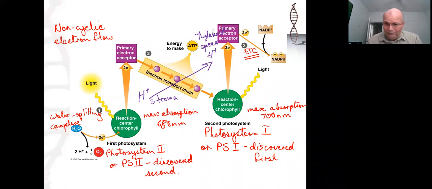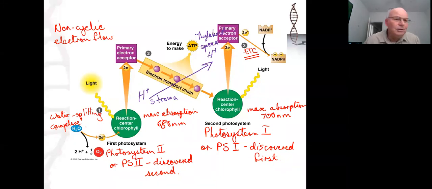So you can see how all of this ties together to allow us to not only utilize light energy to generate ATP, something that some bacteria actually still do to this day. They actually use a photosystem and an electron transport chain to generate ATP using light energy.